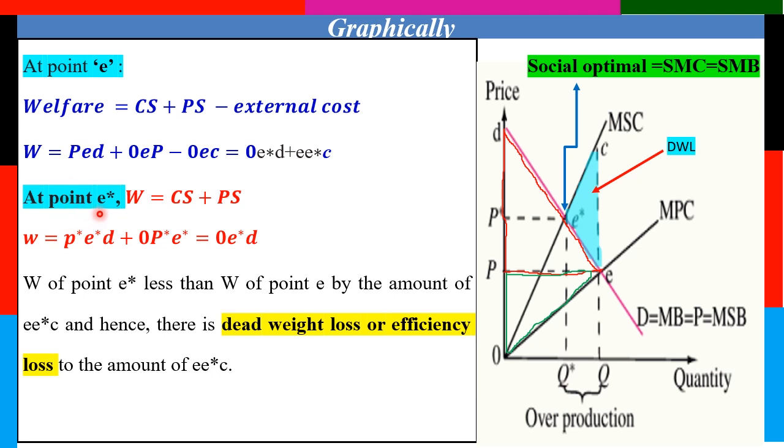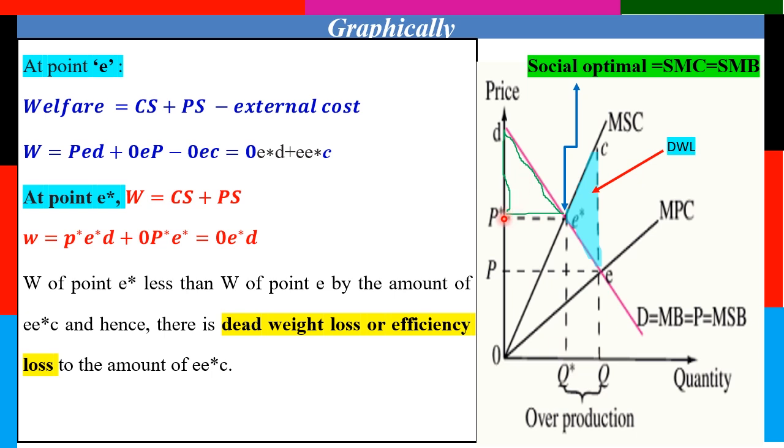On the other hand, at point E star, we erase this one. The consumer surplus and the producer surplus are shifted at point E star. Consumer surplus means this triangle here.